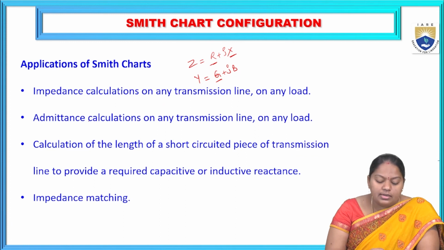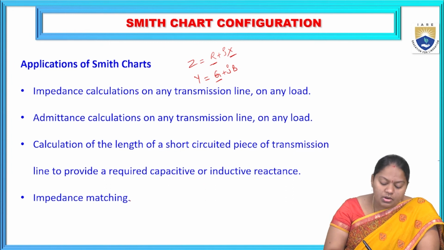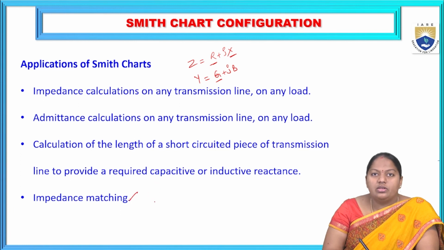So to calculate admittance on any transmission line, we require Smith charts. Also, calculating the length of a short-circuited piece of transmission line to provide a required capacitive or inductive reactance needs Smith charts. Followed by an important one: impedance matching, for which we use Smith charts.